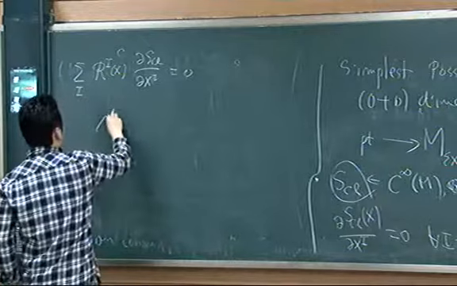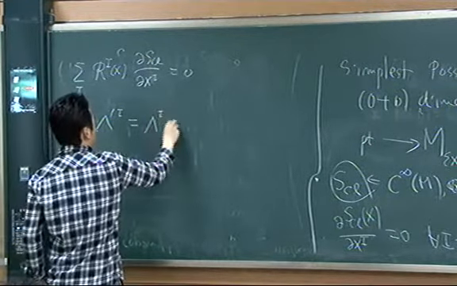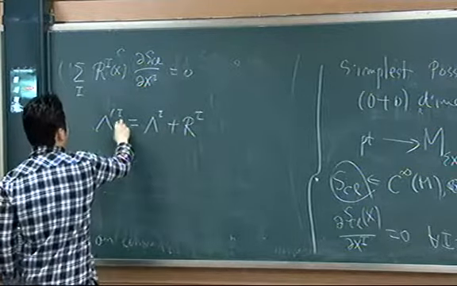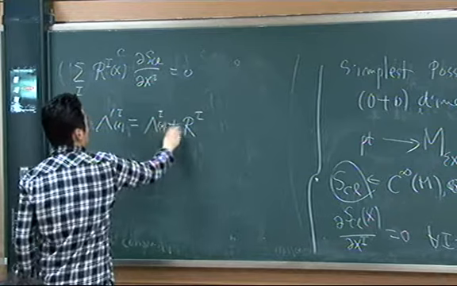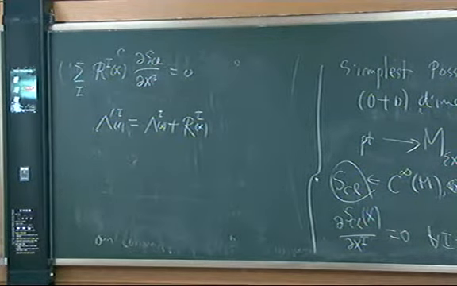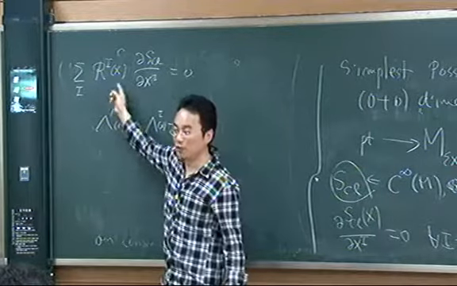Let me define lambda prime I to be just lambda I plus Ri, this polynomial. Then I also solve this equation. So here, this lambda is ill-defined, modulo something like that.